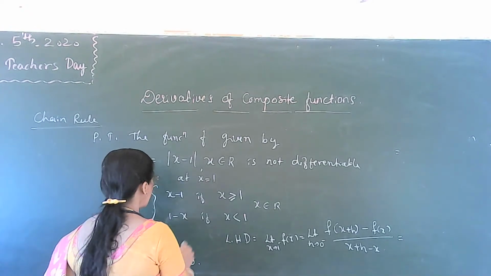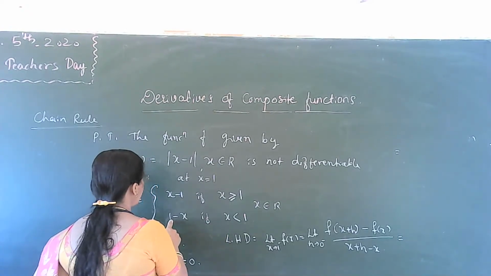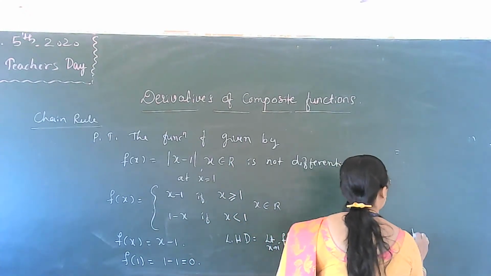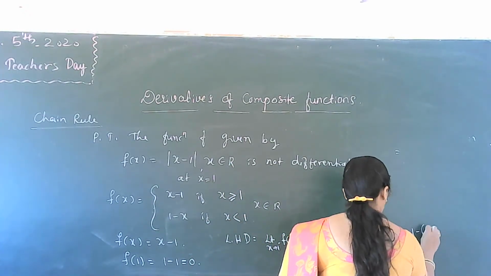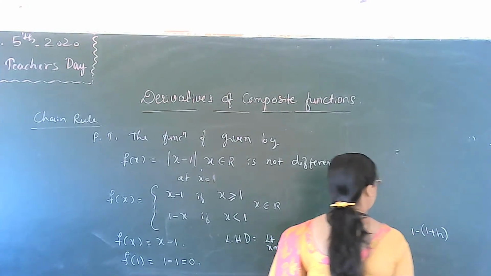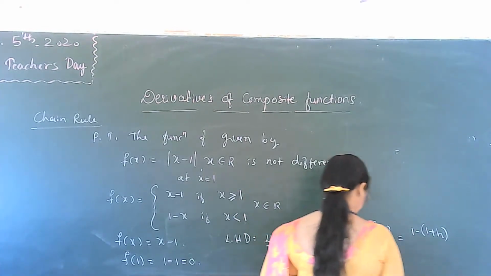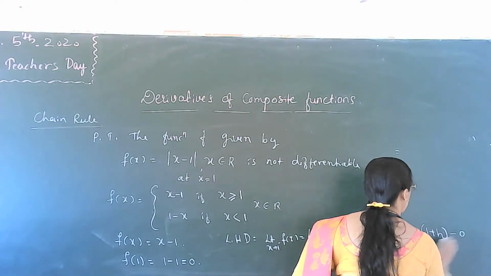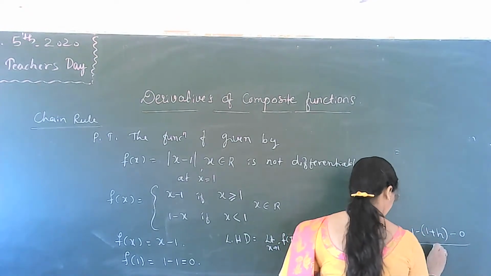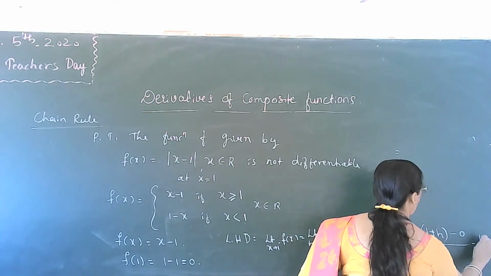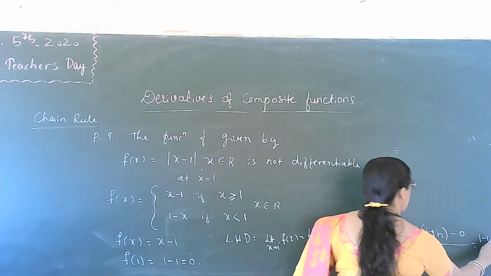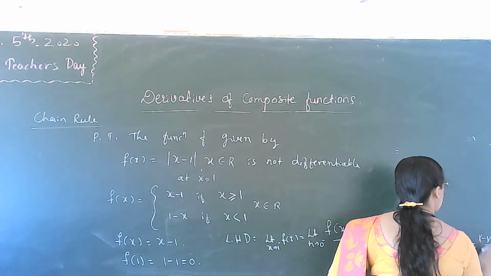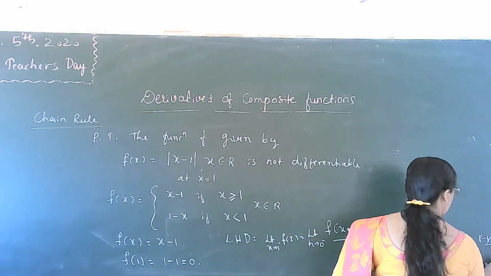Therefore 1 minus x, so we put it as 1 minus 1 plus h. Then 1 minus 1 plus h minus f of 1 which is 0, divided by h, which is equal to 1 minus 1 minus h divided by h. The answer is equal to minus 1.